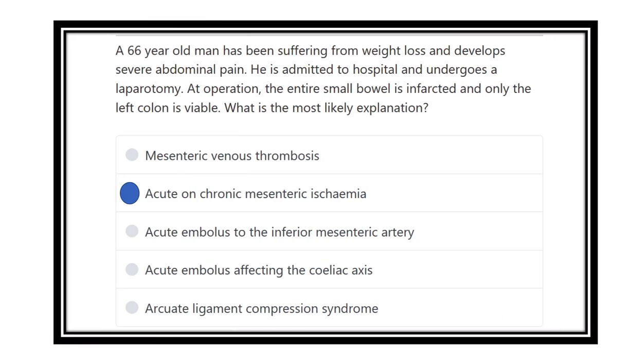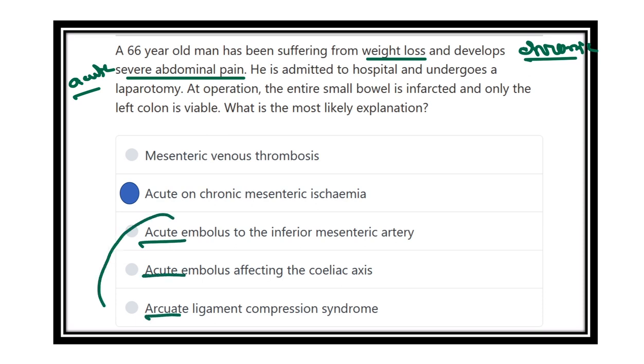So again, see what the findings were: weight loss and development of severe abdominal pain. Severe abdominal pain is an acute condition, but we have to keep in mind that weight loss is a chronic condition. So we have to find an acute and chronic condition, but the purely acute conditions among these options are not true.